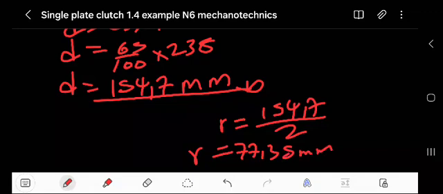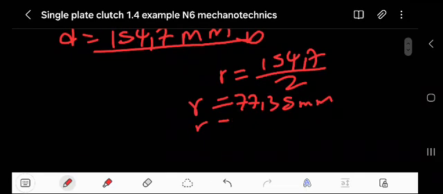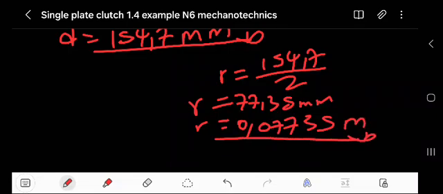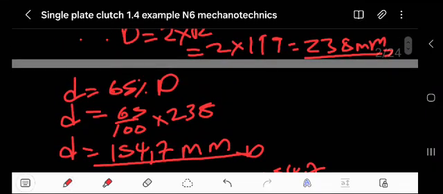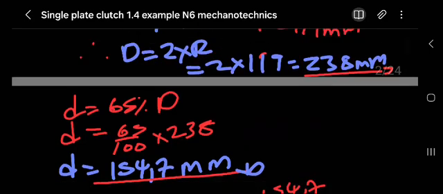If you want this to become in meter, you divide by 1000, to be 0.07735 meter. Okay. Actually, they will ask us to calculate only the diameters. We are done with what is needed here, but I just calculated that. Maybe we shall need it.